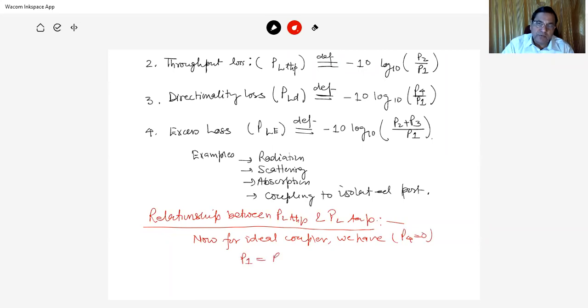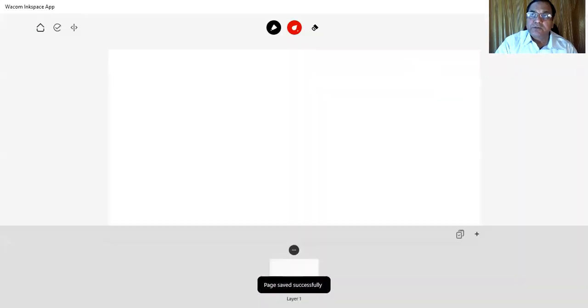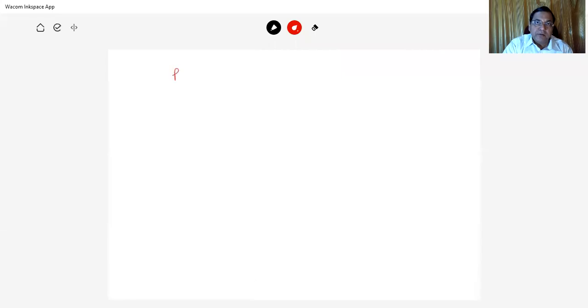So P1 is equal to P2 plus P3, or P2 is equal to P1 minus P3. So PL through is equal to minus 10 log base 10 P2 by P1, that is minus 10 log base 10 of P1 minus P3 upon P1.